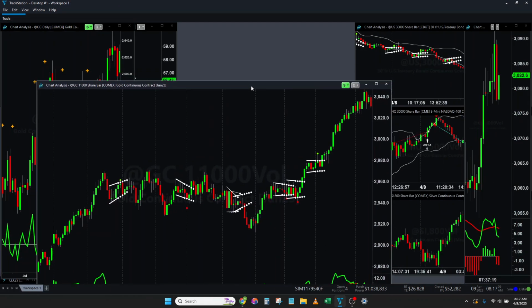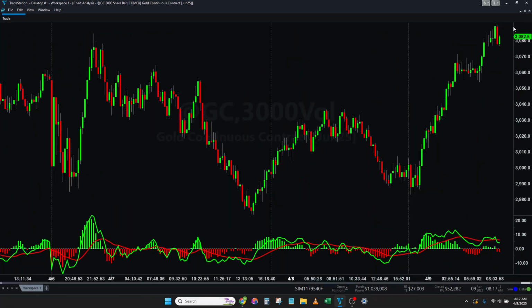And sure enough, that concept is sort of playing itself out right now in real time because you could see, so you get this first rally, you get this flag. It doesn't come down a lot. It just sort of stays sideways, moves a little bit higher, but then you get this red bar down.